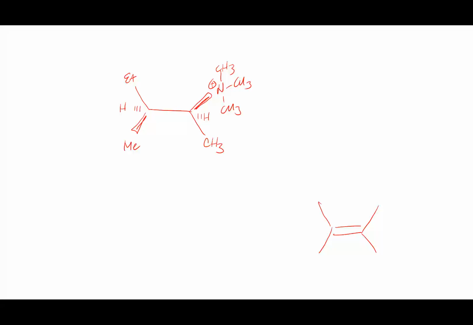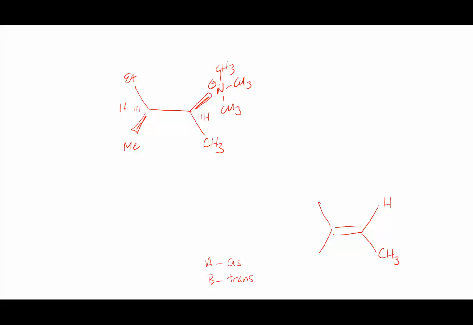What are we voting on? Right. So on the right side there's going to be a hydrogen and a methyl, and on the left-hand side there's going to be an ethyl and a methyl. So the question is, are those two methyls cis, or are they trans? Those are your only two choices.